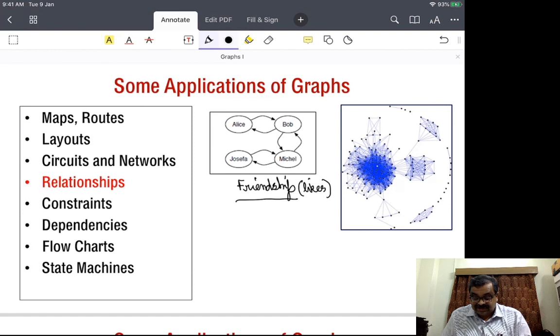And as you can see, this very dense portion of the graph will obviously consist of those people who are strongly connected to each other, and these in social networks form what are called communities. So, relationships in graphs is typically one of the most popular ways in which graphs are used in today's social networks and web network analysis.